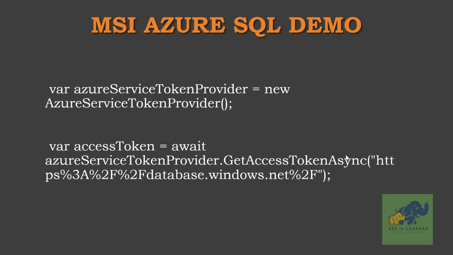While connecting to the SQL Server, we are calling the Azure Service Token Provider, and we are calling the database service, which is https://database.windows.net. This is the service we are calling.